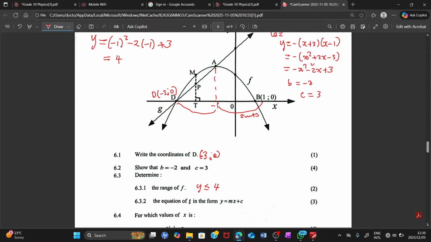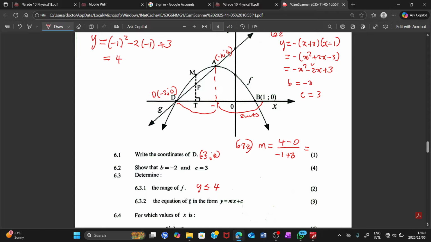So we also have the coordinate of A, (minus 1, 4). With this, now we need the equation of g. It's easy now. For the equation of g, we say m, that is the gradient, will be 4 minus 0 over minus 1 plus 3.